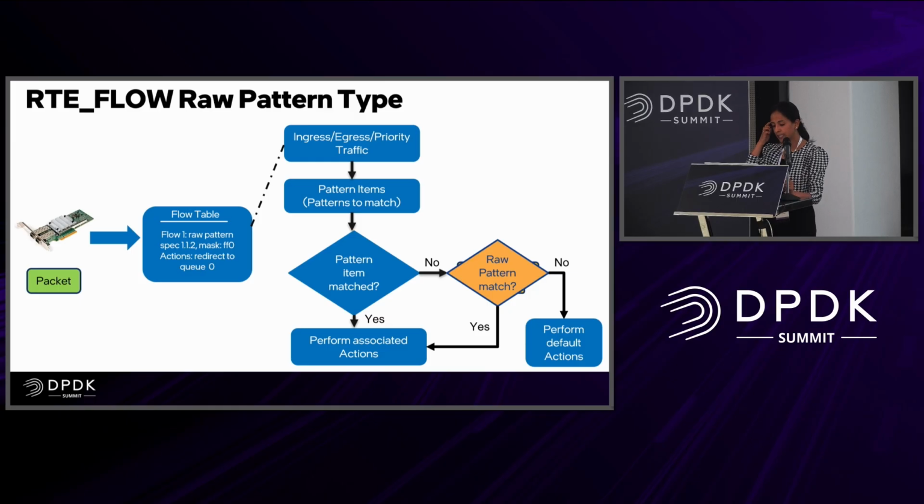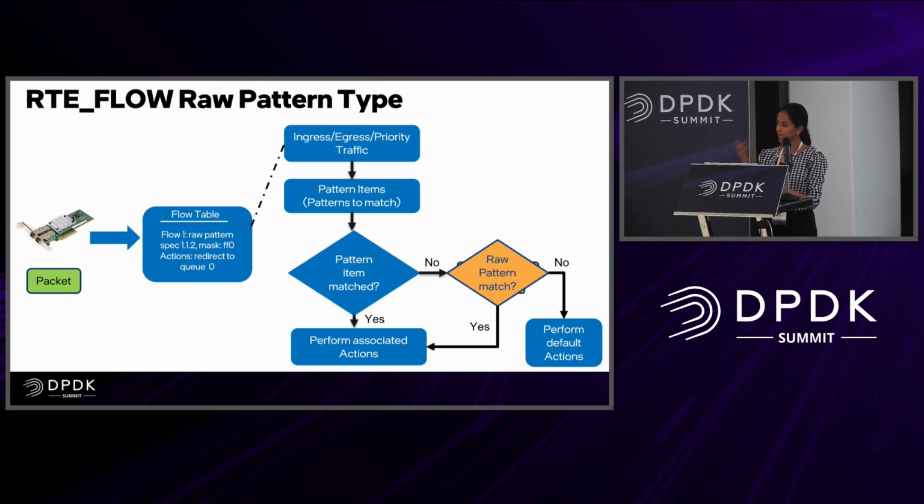When I say raw pattern match, it is like if a user wants to do flow classification on the basis of any arbitrary value. I will be explaining in the next slide an Arista use case where they wanted to hash on the basis of the timestamps value.